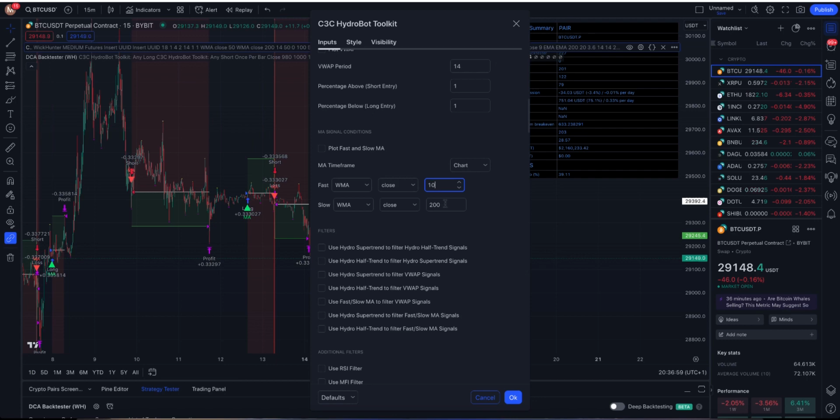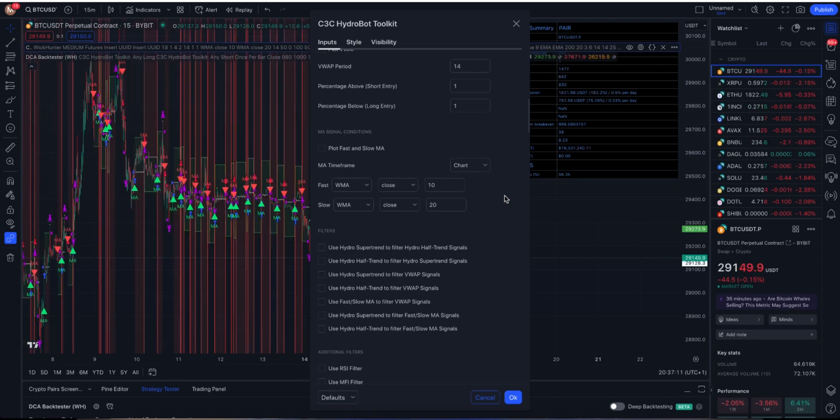Do a 10 and a 20. There we go. So that's starting to look a bit better now. Change that to 25, see if we can do a little bit better, 182.2.